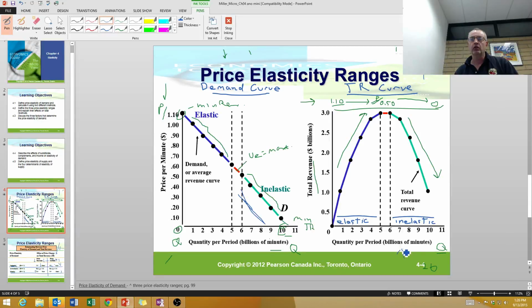And I think if the authors had been smarter, they would have put this price axis on the bottom, because normally when we look at charts, the x-axis is the cause and the y-axis is the effect. And when we're looking at the price elasticity of demand, changes in price are the denominator. Changes in price are the cause of either the change in quantity or the changes in total revenue.